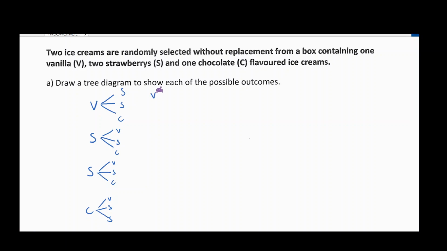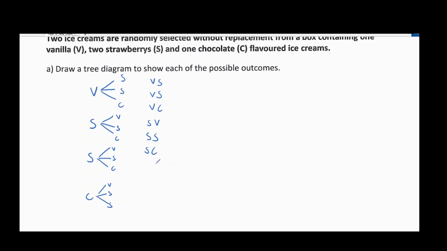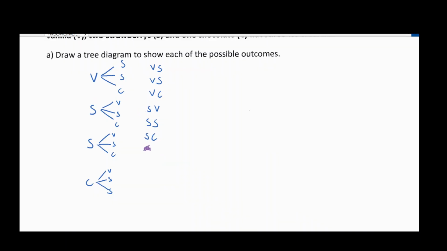So we could have VS, VC, SV, SV, SS, SC, SV, SS, SC, CV, CS, CS.